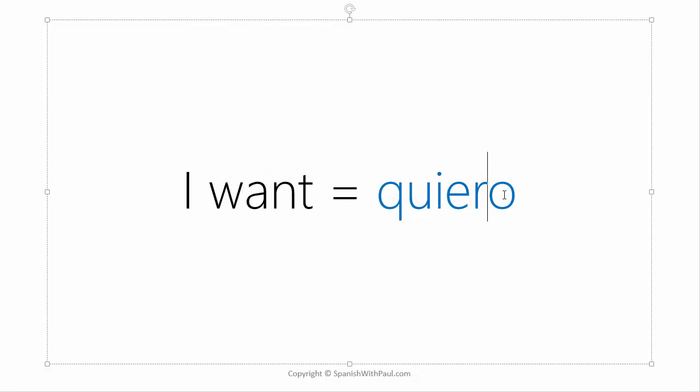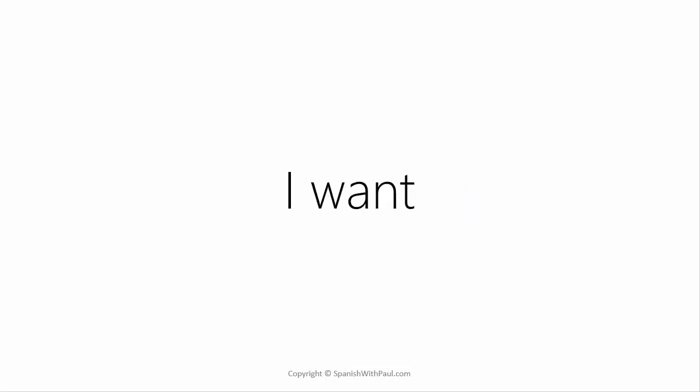It's actually the O here in the verb that indicates I. So anytime we have a verb with O at the end, it always means the first person, I. So I want would be quiero. Try to say it now for yourself. I want. Quiero.